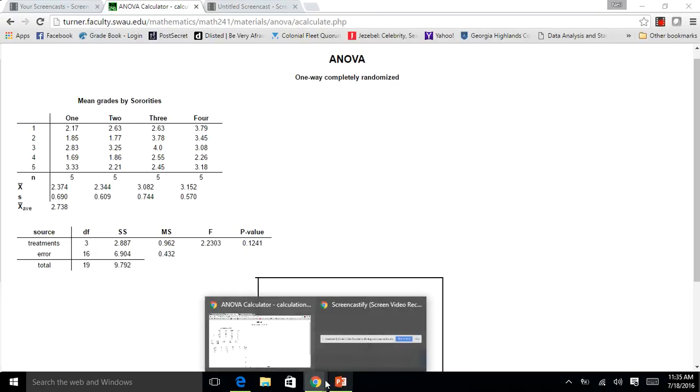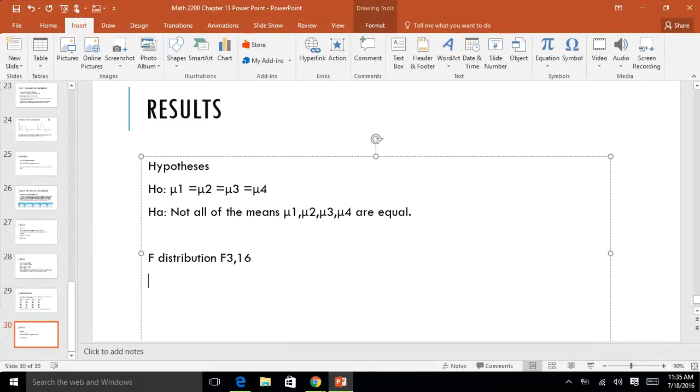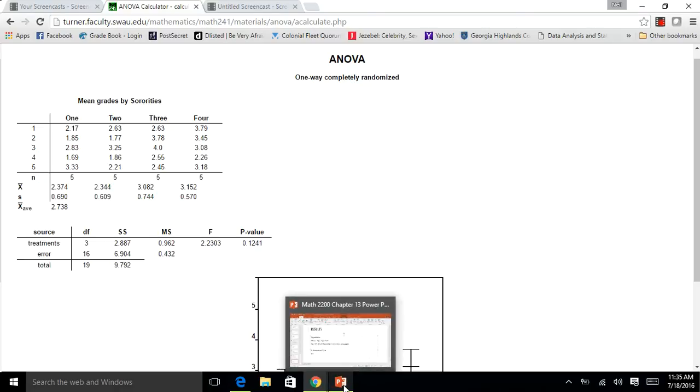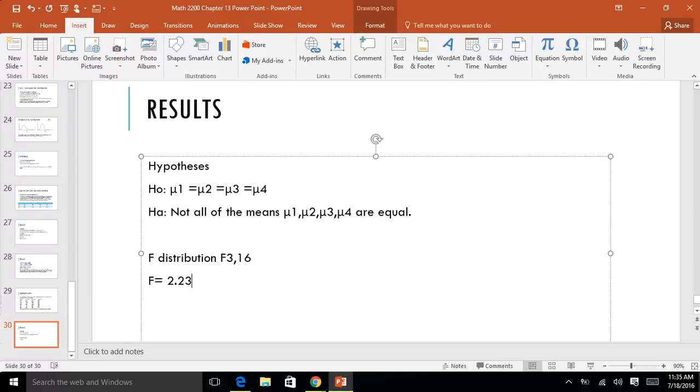Okay, then let's go back to my PowerPoint, and it asks, what is your F statistic? All I do is go back. My F statistic is 2.2303. So I'm going to put 2.2303. I just caution you, if it says 2 decimal places, just put 2.23. Now it wants me to do the probability statement.